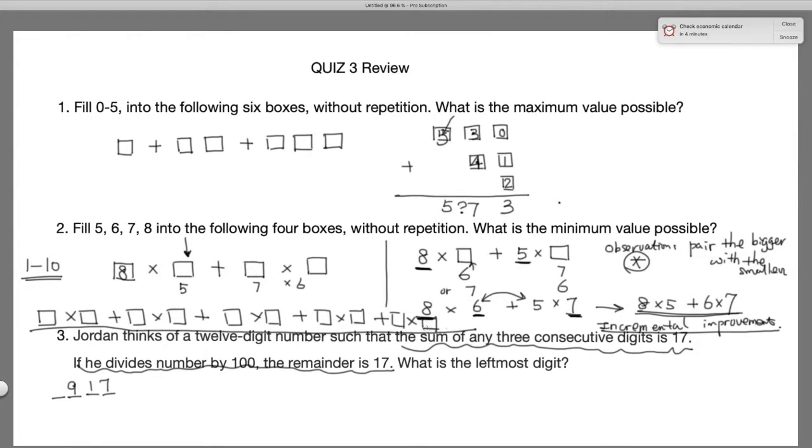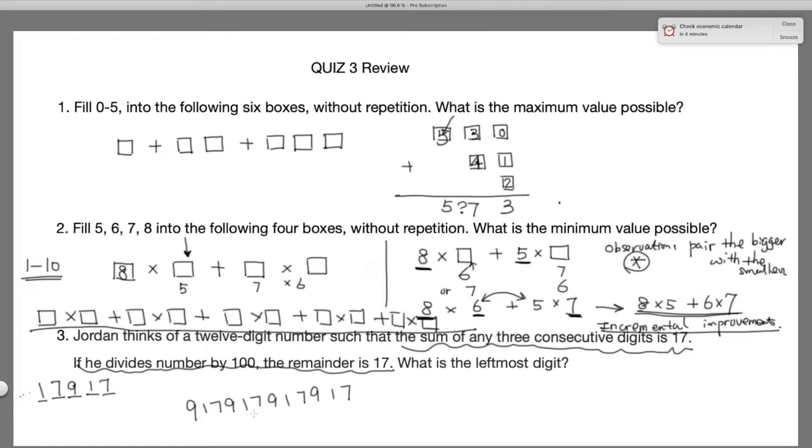Again, using the fact that the sum of any 3 consecutive digits is 17, you get this is 7. And again, this is 1, and you see the pattern. So it's going to be 7, 1, 9, 7, 1, 9, 7, 1, 9, 7, 1, 9.